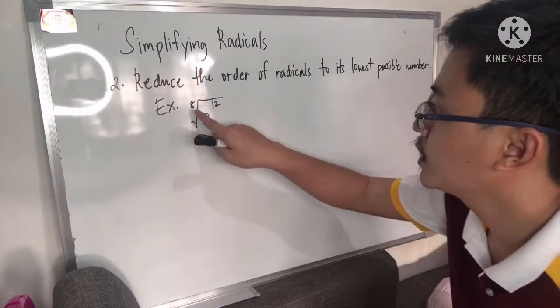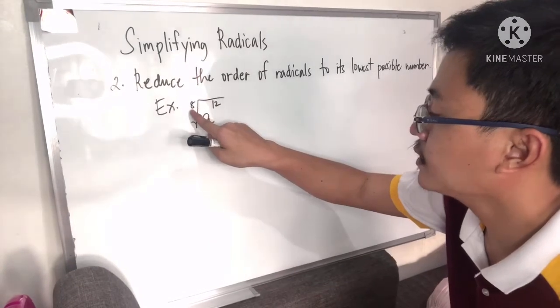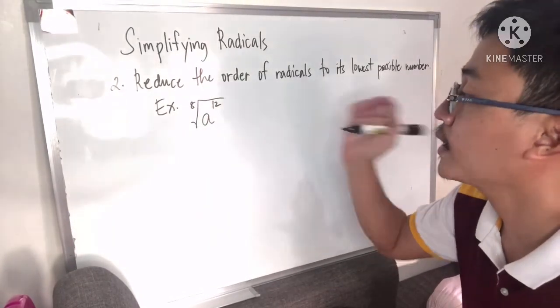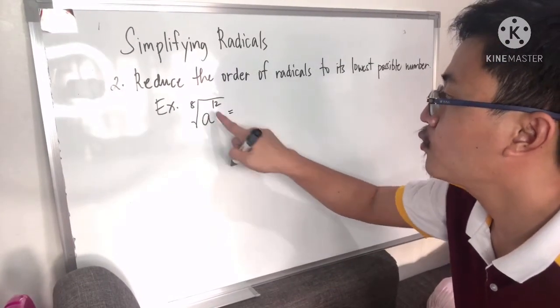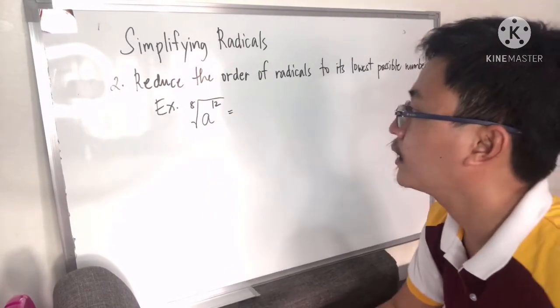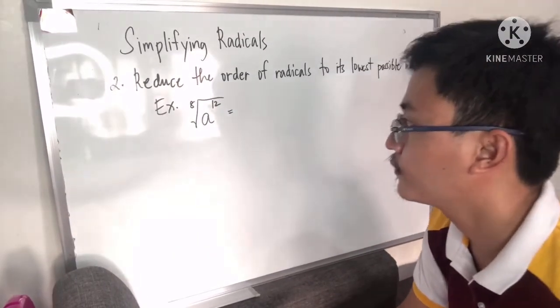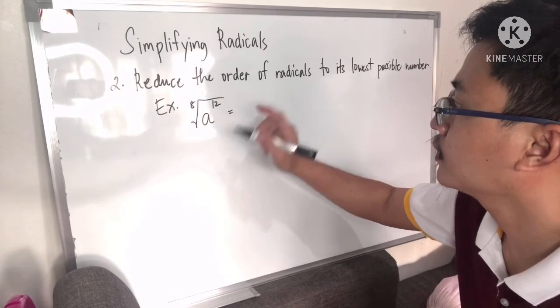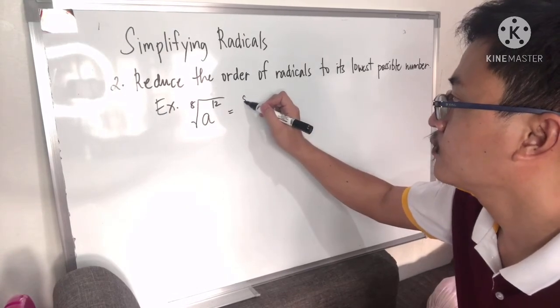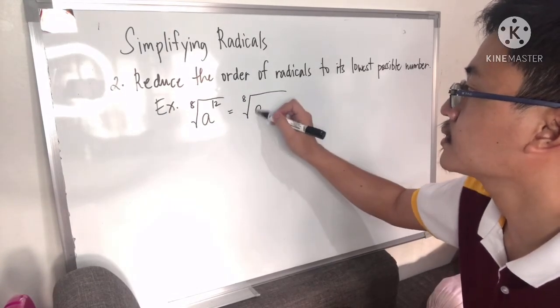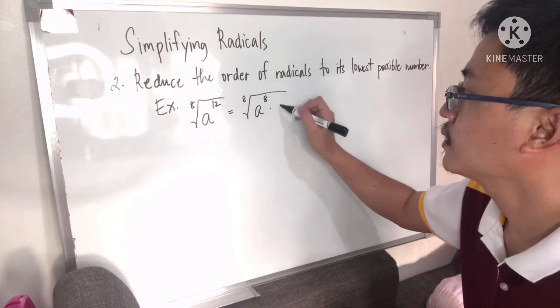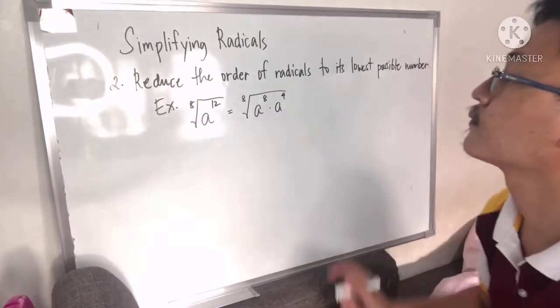Okay, so ang index ay 8, ang nasa loob ay 12. So, pwede tayong kumuha ng 8 doon sa 12 sa loob ng radical sign. So, you can factor this out as a raised to the 8 times a raised to the 4th.